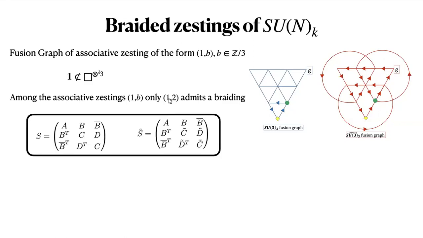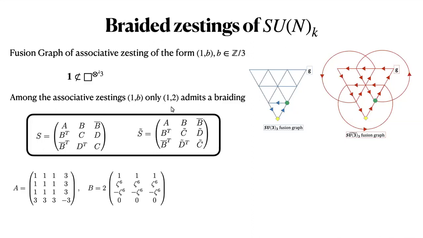For that particular case, we computed this, the new S matrix. Of course, the new S matrix looks really different in some sense, because of course the modular data is associated with the fusion rules, so it would be different.